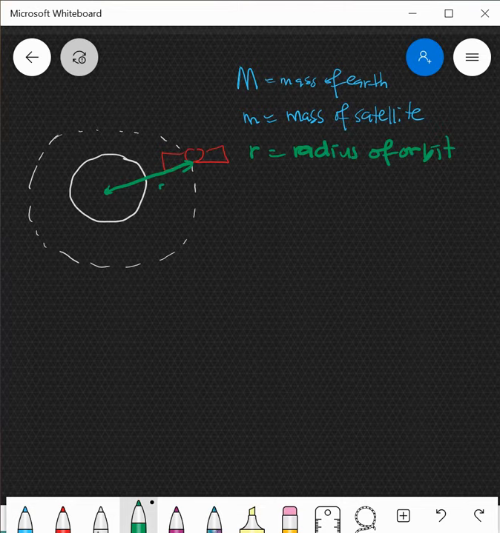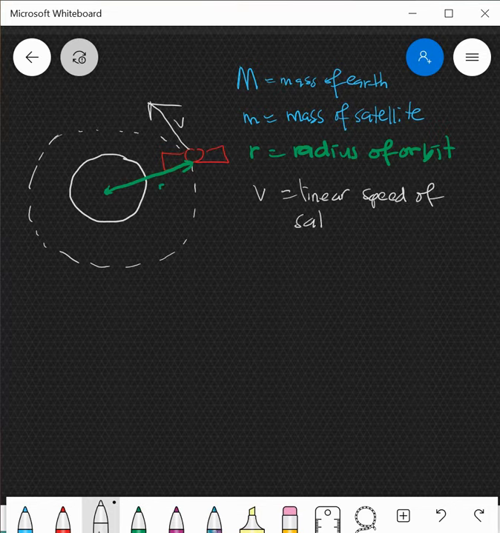Okay, next, we know that the satellite is orbiting at a specific speed. Okay, linear speed dia. Okay, let's say v. Sini. v, linear speed of satellite.